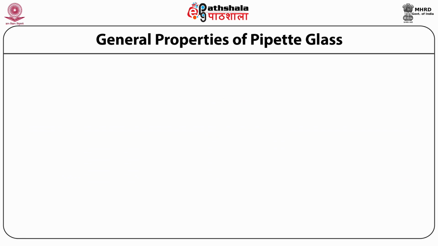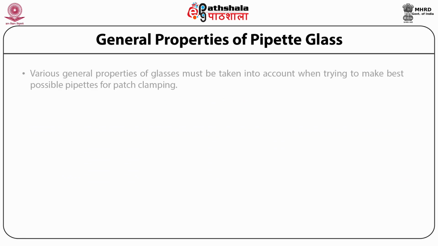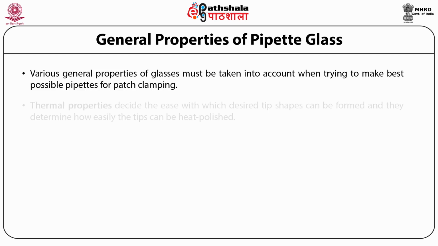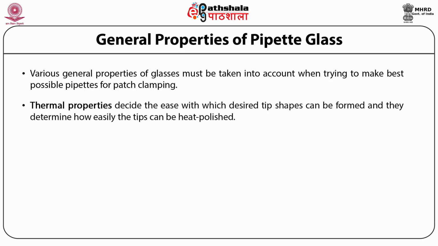General properties of pipette glass. Various general properties of glasses must be taken into account when trying to make the best possible pipettes for patch clamping. The first one is thermal property. Thermal property decides the ease with which desired tip shapes can be formed and determines how easily the tip can be heat polished.